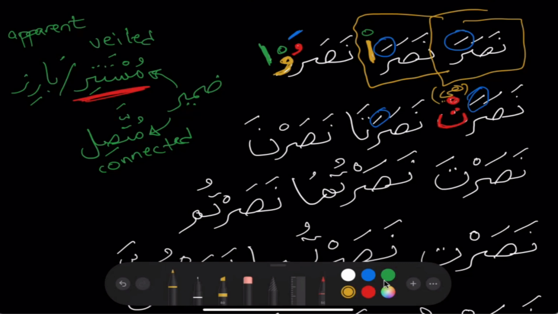So if you say huwa nasara, it's like you're saying huwa twice. And that's valid, and that's going to be emphatic. Or even if you say nasara huwa, it's still emphatic because nasara already has huwa. And same thing for nasarat, it means hiya.